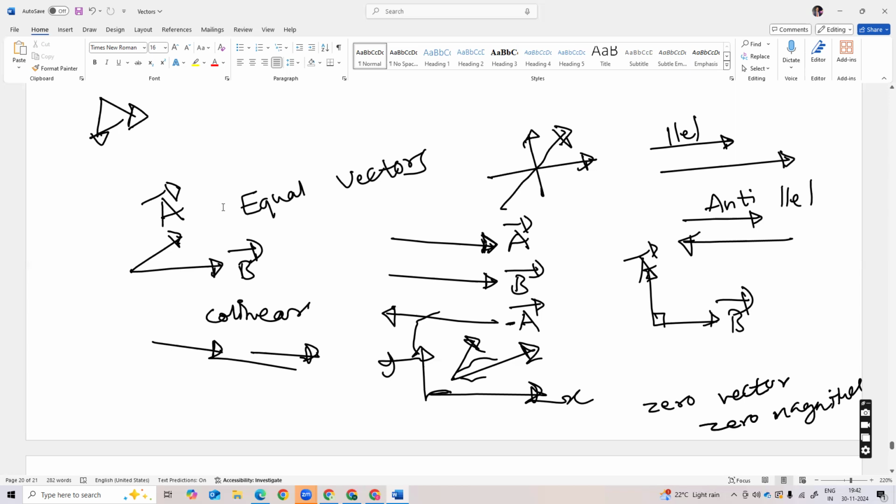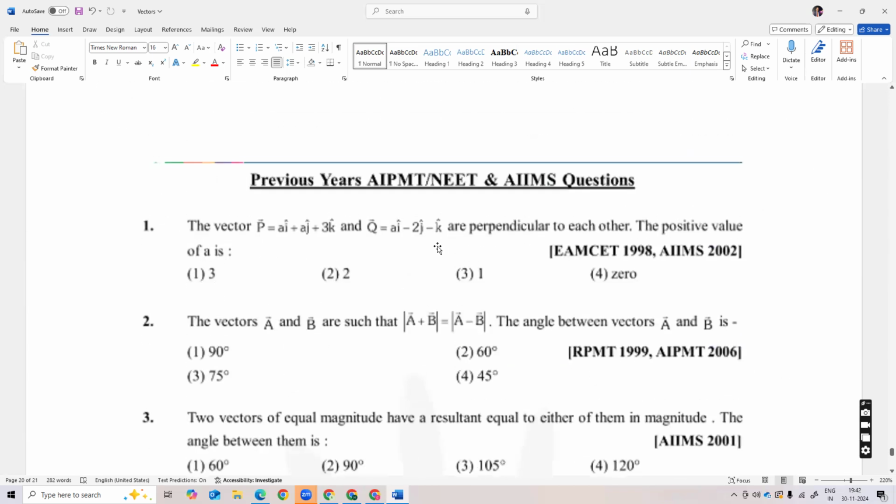Now we will see some questions which are important or which came in the previous class. The first one: vector p is given as ai plus aj plus 3k, and vector q is ai minus 2j minus k.